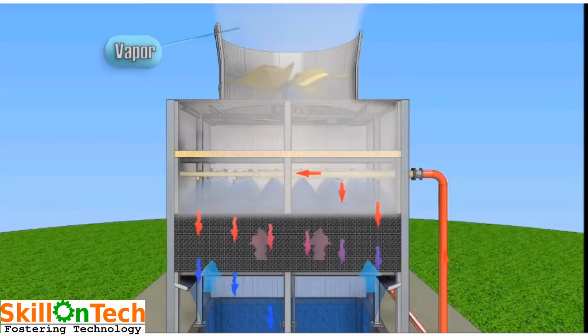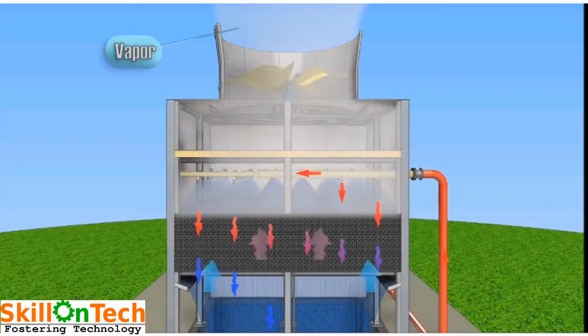Once the fan is started, the air from the atmosphere is sucked from the bottom portion of the cooling tower through louvers, and from the bottom it goes upward and is sucked by the induced draft fan.